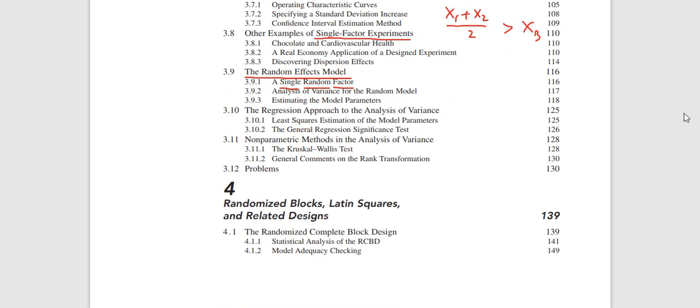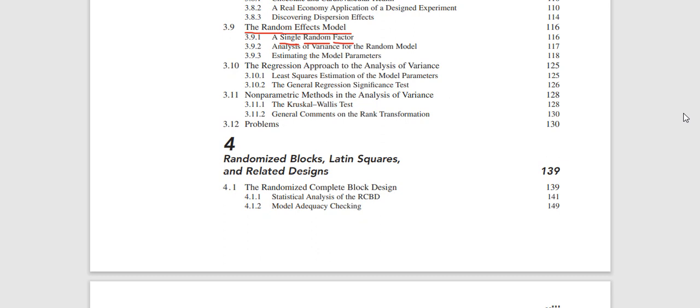Okay, so here's one factor. If we have two factors, then we just try to balance. How do we balance? One way is to randomize, or block. So what is a block? Let's say we have two factors.